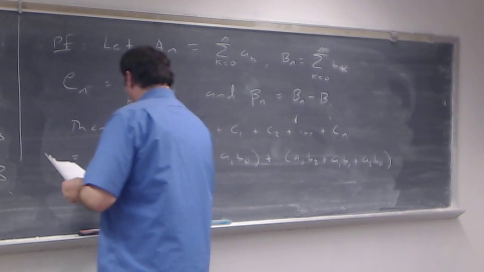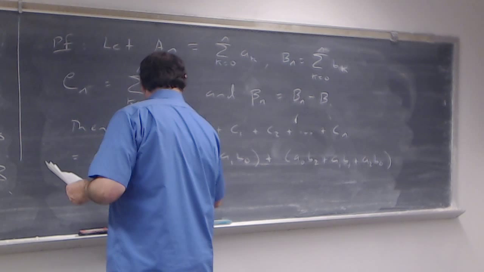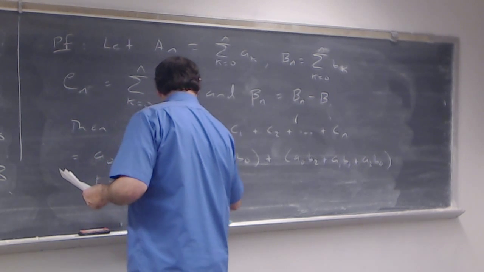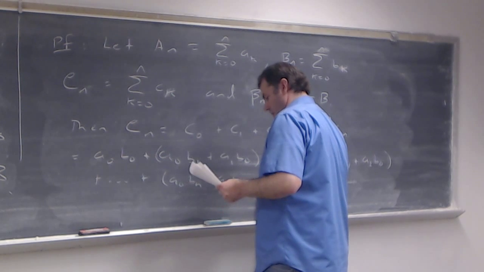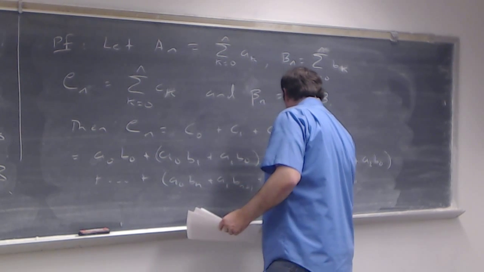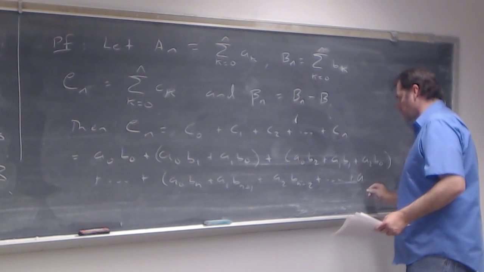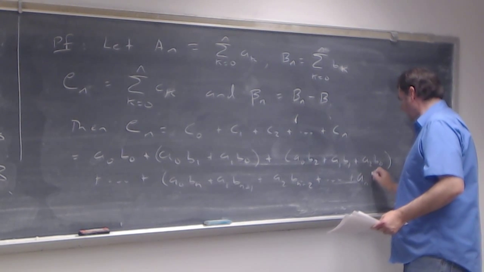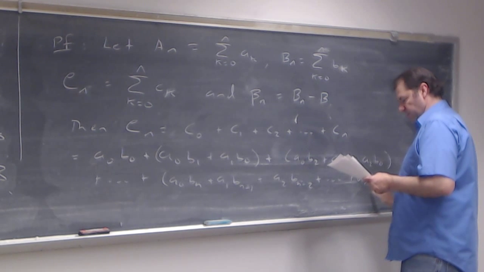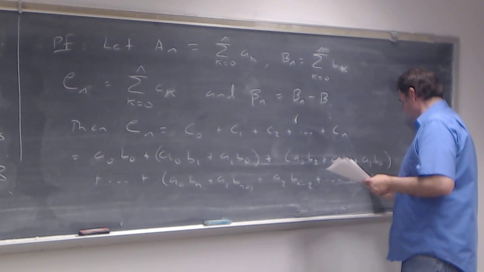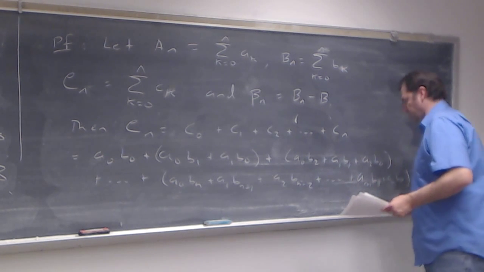Then we keep going, and the c sub n term is a sub 0 b sub n plus a sub 1 b sub n minus 1 plus a sub 2 b sub n minus 2 plus, and you keep going, and I would like to include the previous to the last one, a sub n minus 1 b sub 1, plus the last one, a sub n b sub 0.